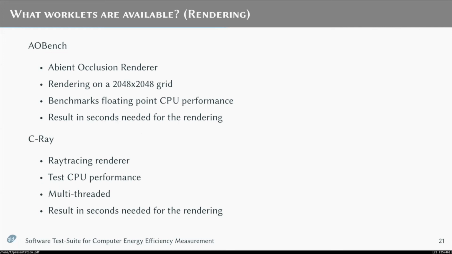Both of these rendering techniques are used in real-world software, like for example in games or in 3D modeling and rendering. So we think that those worklets actually have some real-world application. The result is given in seconds needed for a certain rendering for both of them.